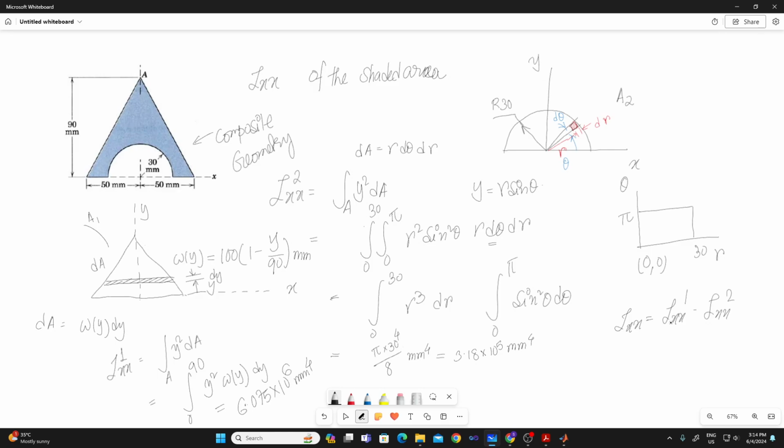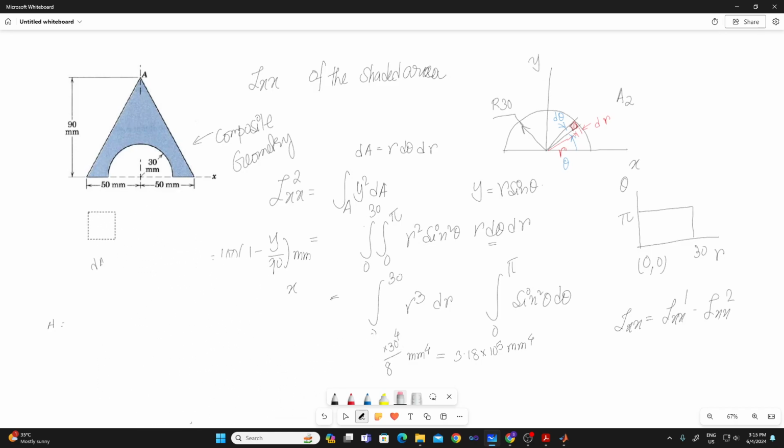Okay. Now, this would be your assignment for this geometry to get the Iyy values.